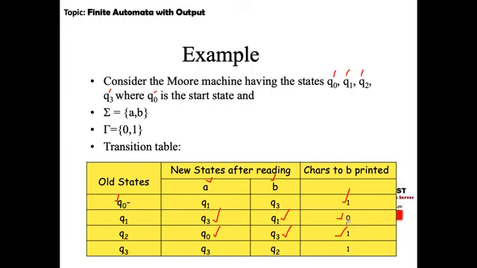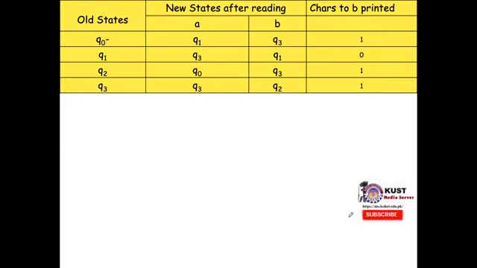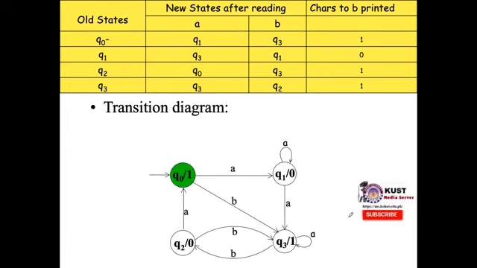Okay, so these output characters are associated with states. It is given like this. So you see, from Q0, if we read A, we go to Q1, right?